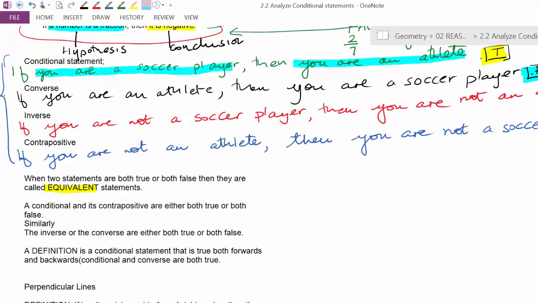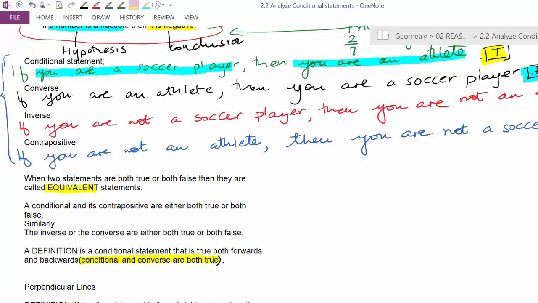A definition is a conditional statement where both the conditional and the converse are true. I like to think of it as a conditional statement that is true both forwards and backwards.